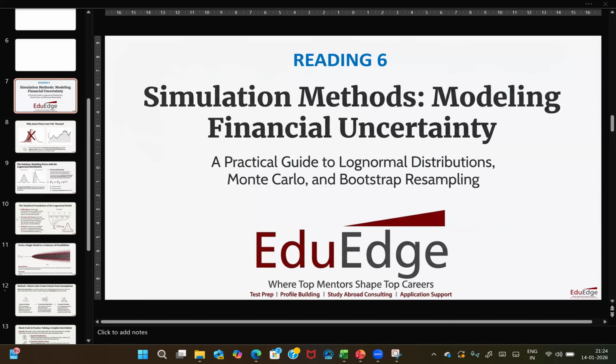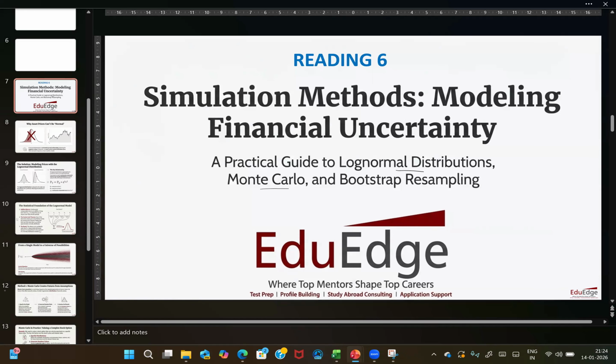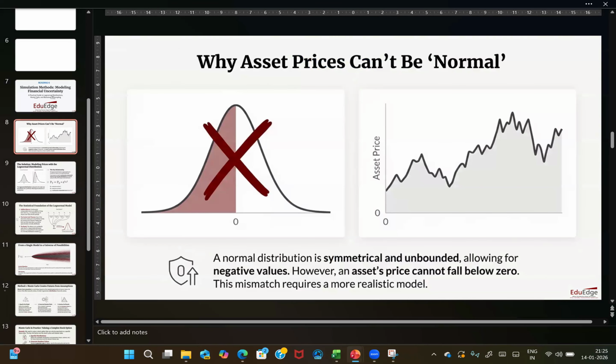So this chapter is going to cover concepts related to log normal distributions, Monte Carlo simulation, and bootstrap resampling. We'll first try to understand these terms and then we will implement Monte Carlo simulations. Okay, so the first premise is why asset classes can't be normal, right? When you look at an asset price and when you look at a normal distribution on the left, can I say an asset price can never fall below zero?